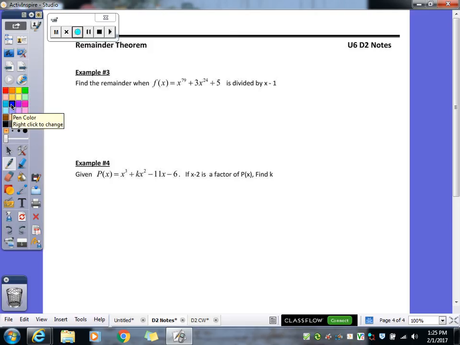So let's try a couple more examples. So example 3, again, all they want is the remainder. Find the remainder when this is divided by x minus 1. So first set that equal to 0. X equals what? 1. So all we have to do is plug in our 1 for our x.